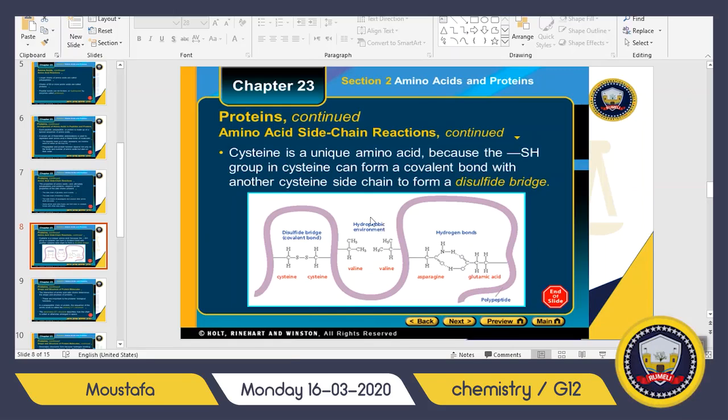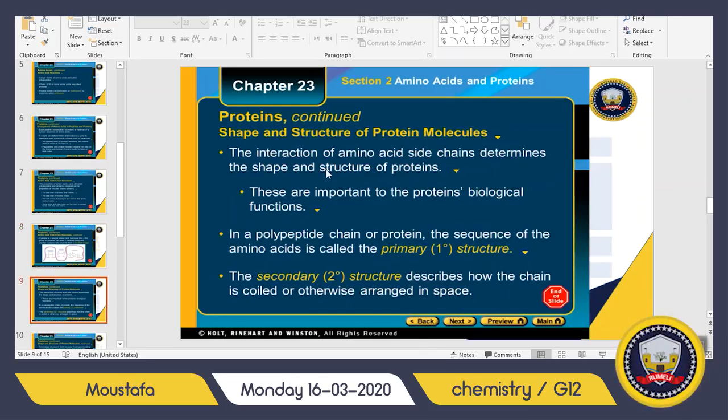Phobic means dislike. So this area dislikes water. Why? Because it is a non-polar area. So the interaction of amino acid side chains determines the shape and the structure of the protein. These are important to the protein's biological function.